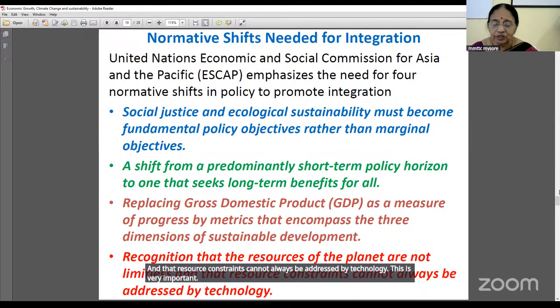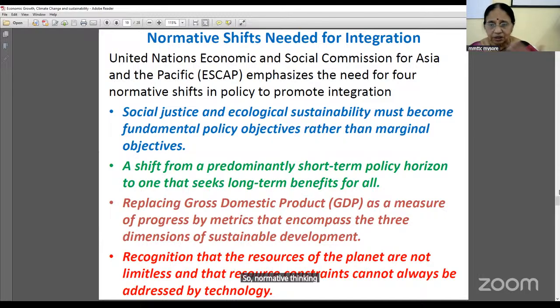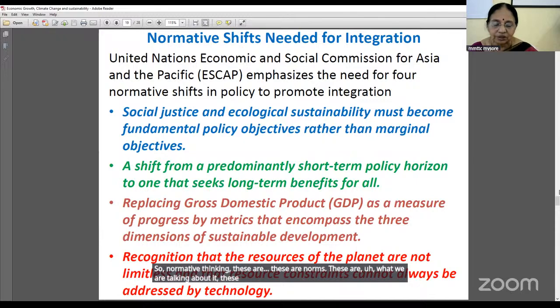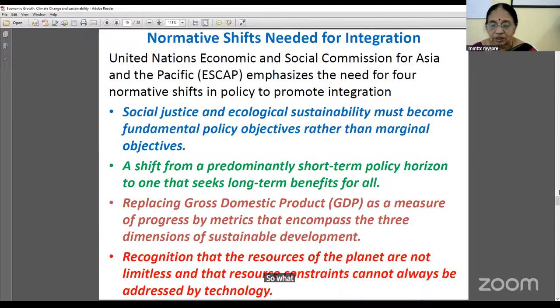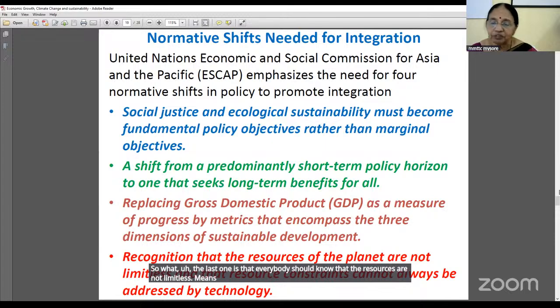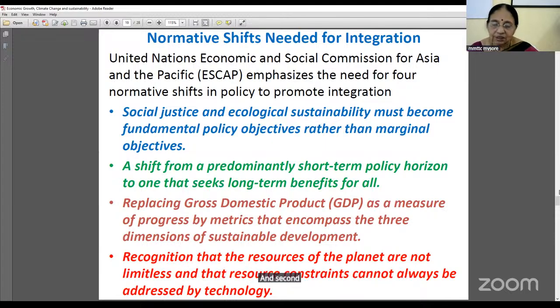So these are the norms we are talking about. The last one is that everybody should know that the resources are not limitless, meaning there is a limit for the resources on the planet. And second, resource constraints cannot always be addressed by technology. This is very important.